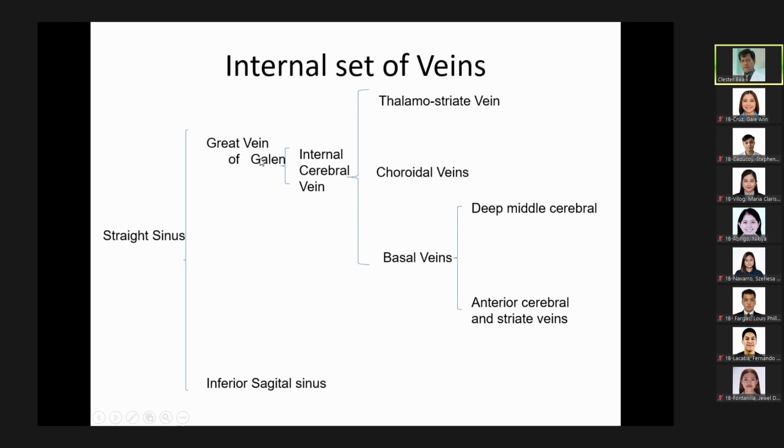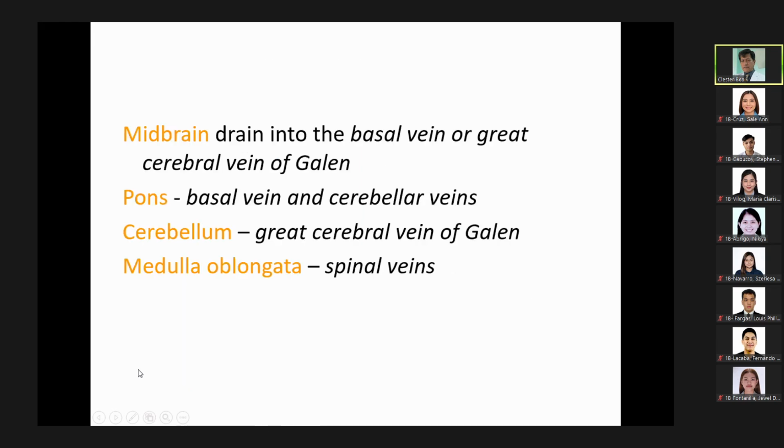Now, the great vein of Galen plus the inferior sagittal sinus, both of them will drain to the straight sinus. Okay? So the dural sinuses actually contain venous blood.